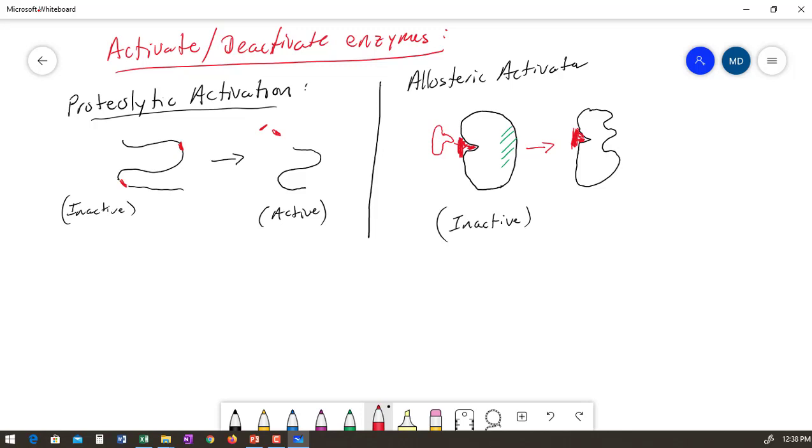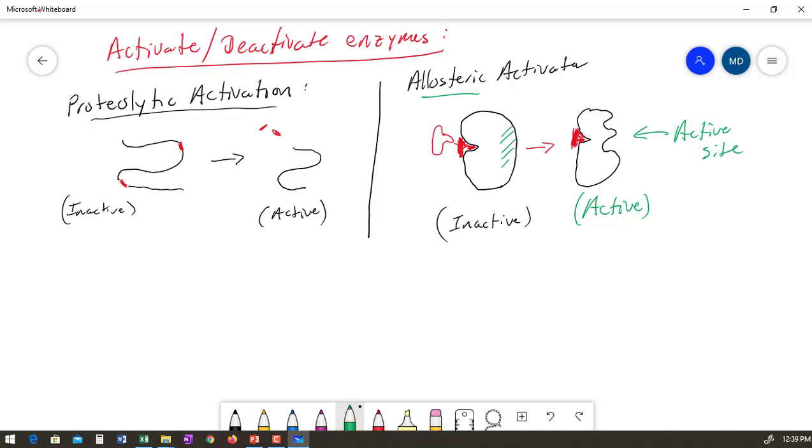And now this molecule is active. And you can see here the active site is now open. This is called allosteric activation. So allosteric meaning away from the active site. So we have something acting on a different area of the molecule.